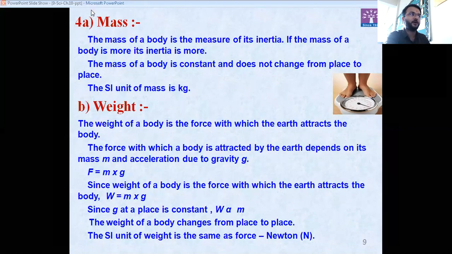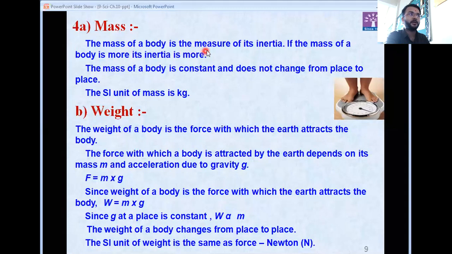First of all, focus that the mass of a body is the measure of its inertia. So what is inertia? In chapter 9 you must have studied about inertia. Inertia is a property of any object. If that object is at rest, then it will try to remain at rest.